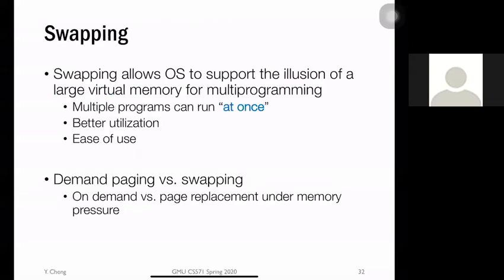And the next approach of supporting this memory and disk interaction is what is called memory swapping. So swapping is essentially kind of like the opposite operation with respect to demand paging.